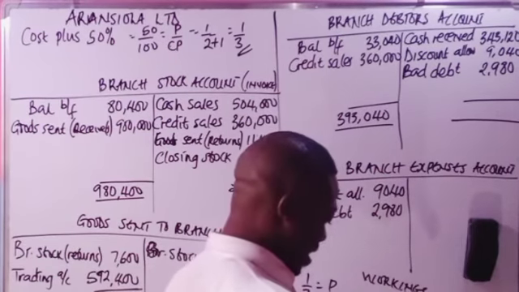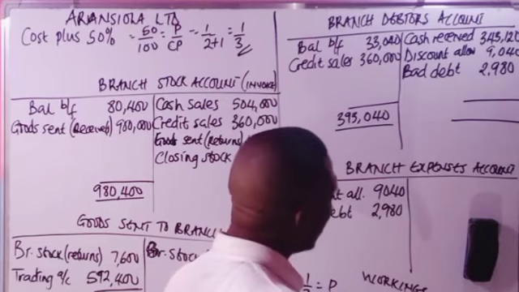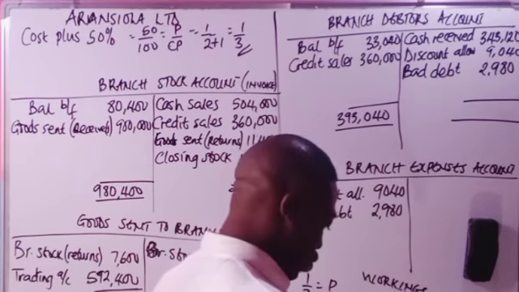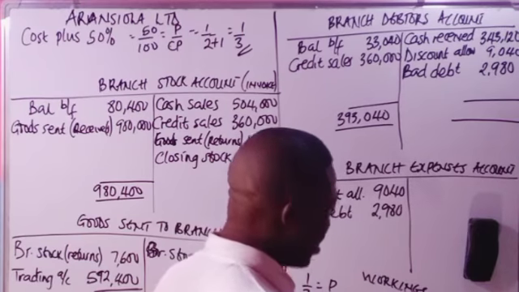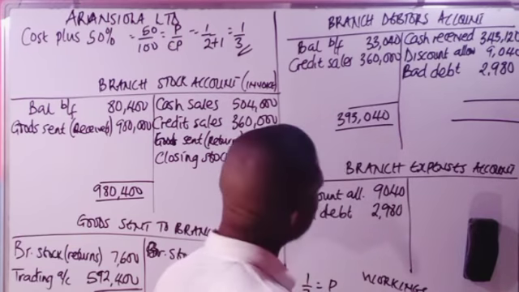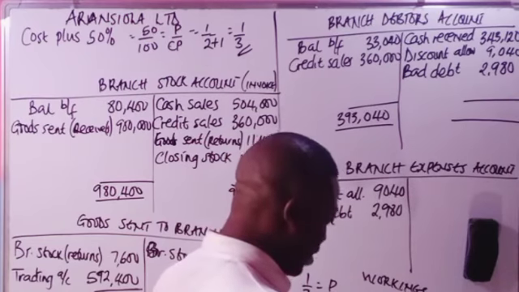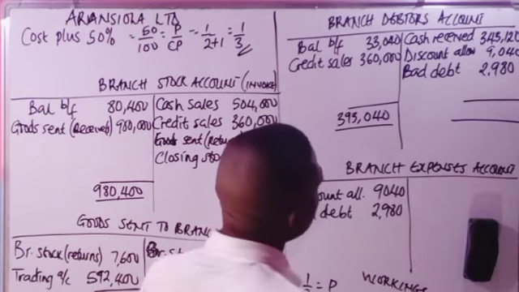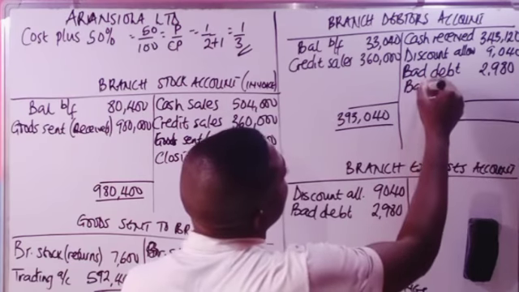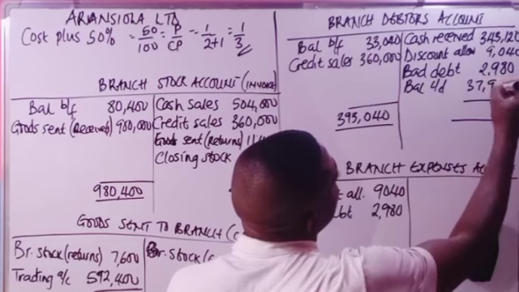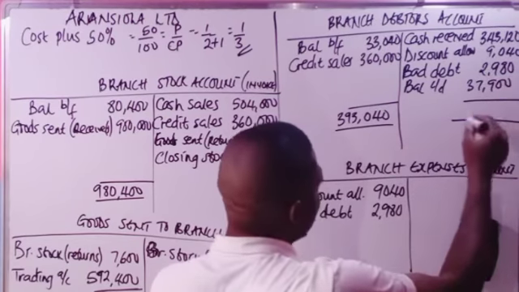Let's add the credit side: 343,120 plus 9,040 plus 2,980. That's 355,140. Minus 393,040, we'll have a balance carried down as 37,900. So when we add everything, it is 393,040.